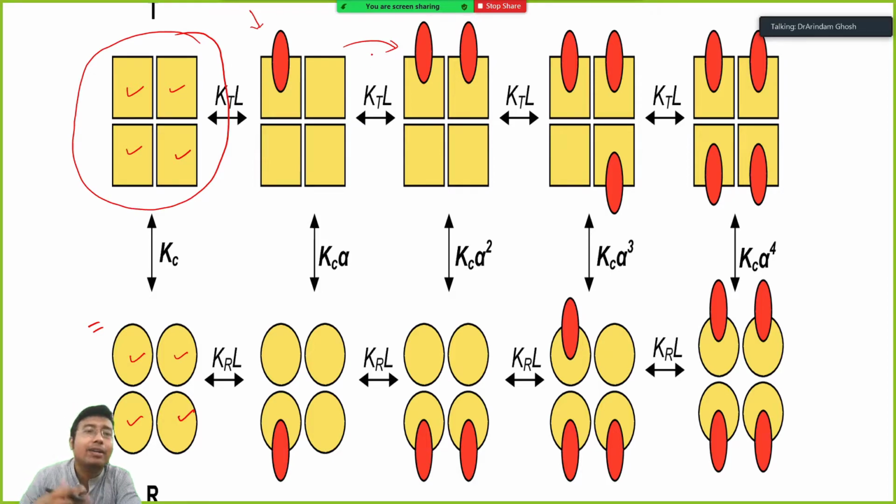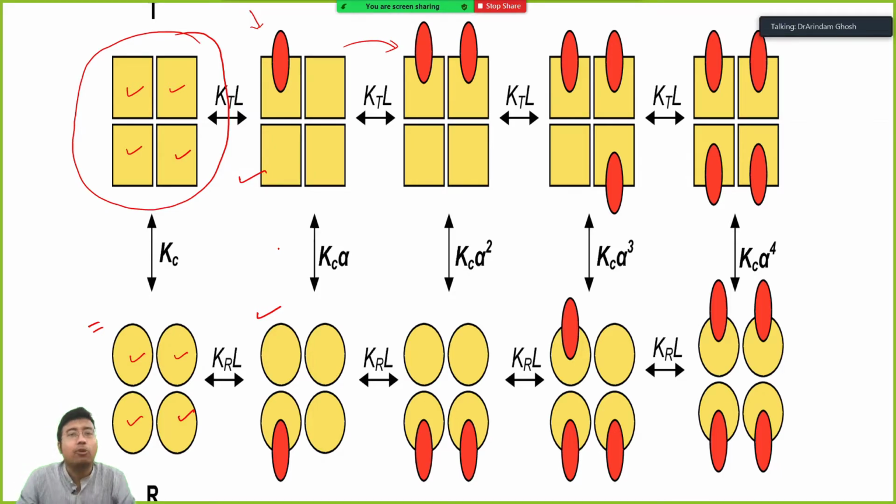I already showed you how it influences the adjacent molecule: one gets opened and another molecule gets further opened, just like that. They proposed that oxygen can bind to both the taut form and the relaxed form, and they are in equilibrium. So write this down.